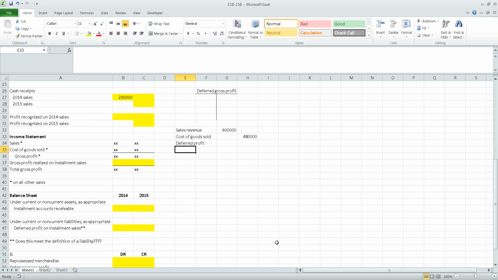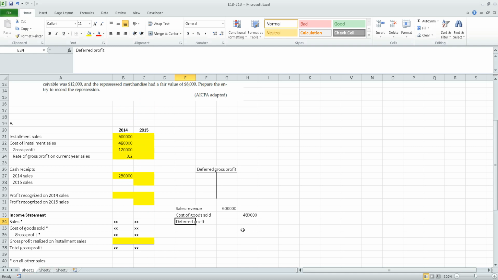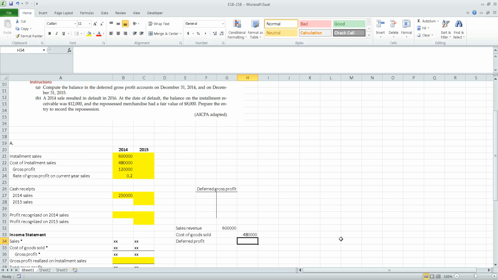That's a balance sheet account. Deferred profit on installment sales would be the full title. It's a balance sheet account that we're going to report under liabilities as unearned profit, if you will, or deferred profit. And that's $120,000.